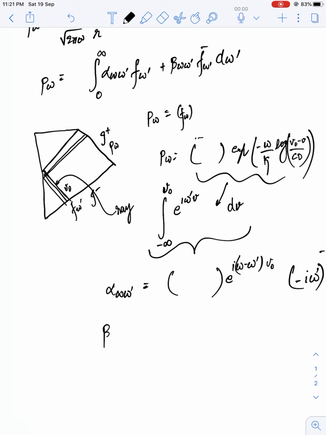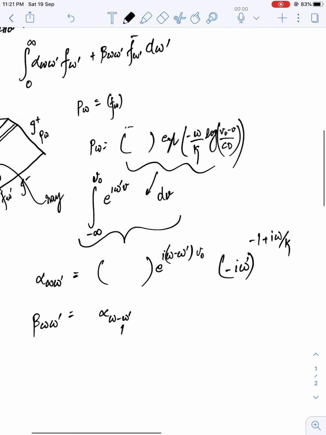Now beta omega dash, if one does, this comes out to be same as this part, where we have to substitute minus omega dash in alpha. Now this factor is the sole reason of getting a black body like radiation.